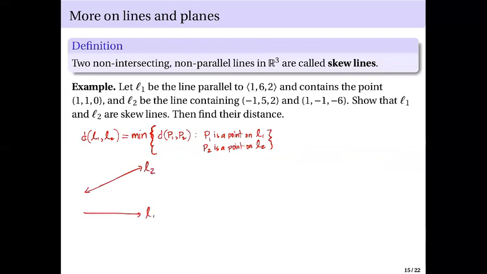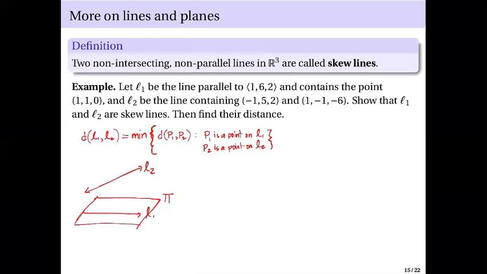So what we're going to do is get the plane containing L1. Let's label this as pi. The plane containing L1 but not L2. That's the first step.